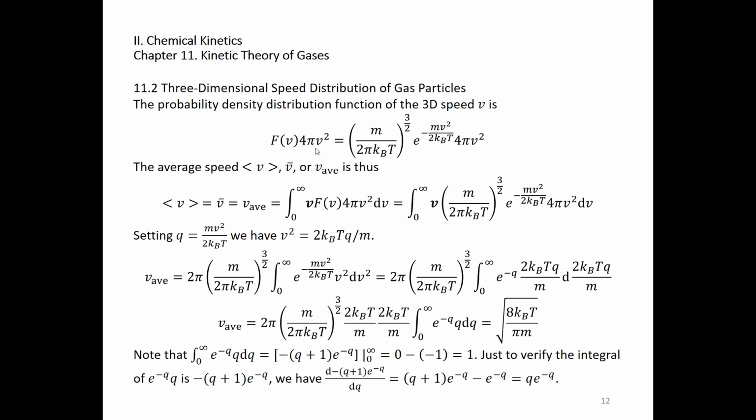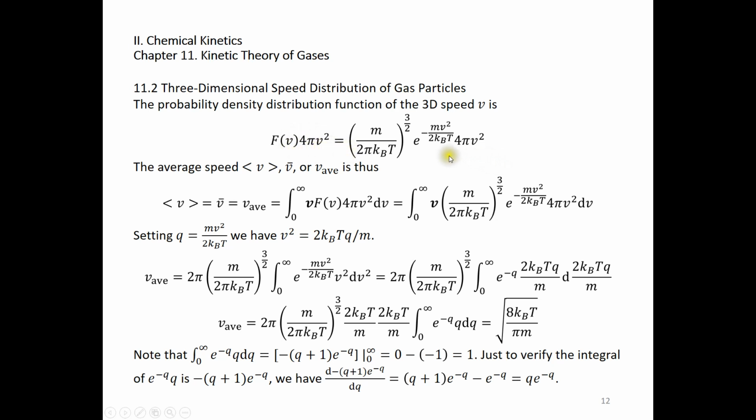That's just 4 pi v squared. So really, if we multiply this 4 pi v squared by dv, you're going to get the volume of a shell. The shell has a thickness of dv. The spherical shell has a radius of v. And then you can probably better understand this 4 pi v squared.